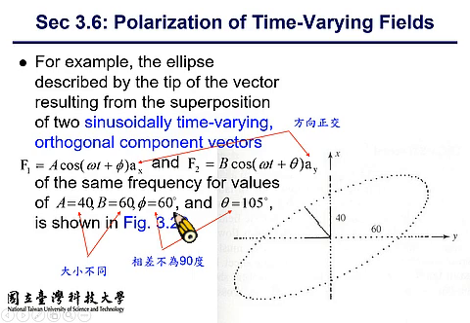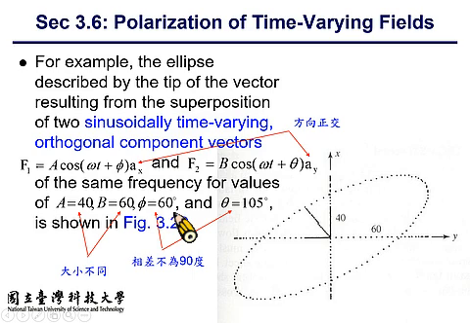on the slide is an example of elliptical polarization. So let's check. It has two components. F1 is in the x direction, F2 is in the y direction. So they are perpendicular to each other. So it meets one of the three conditions for circular polarization.